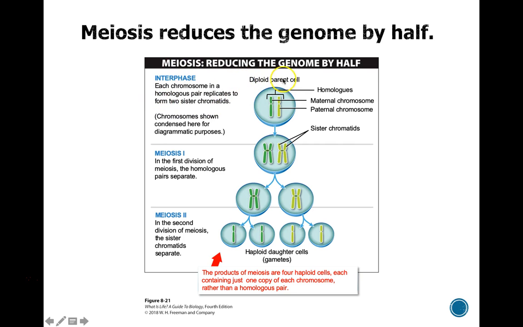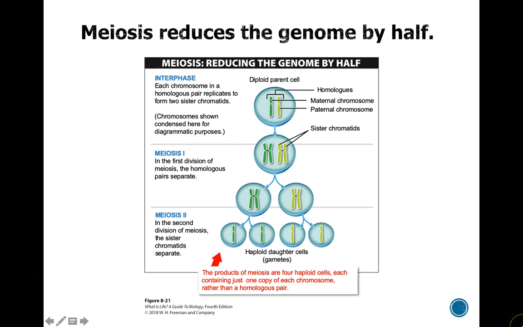They are going to have each of their cells containing 2 copies of each type of chromosome, one that came from mom and one that came from dad. And in interphase, they are going to replicate so that we have sister chromatids, and then they're going to begin to condense. So this is all the same no matter if you are doing mitosis or meiosis. You're going to replicate your chromosomes, and then your chromosomes are going to condense. All the same processes are going on, the spindle fibers, the movement of chromosomes, etc.